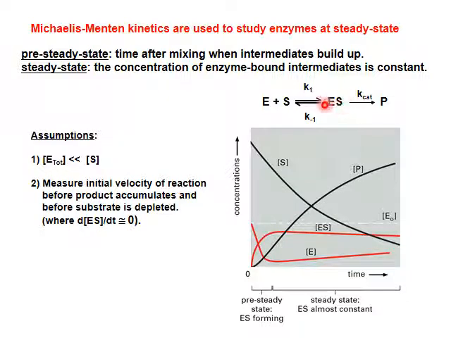But we're going to simplify the conversion of ES to product by just putting one line here, because K minus 2 is going to be considered very small. We're not going to call it K2 here, but you can think of it that way. We're going to call it something special called Kcat, the catalyzed reaction. That's going to be the chemical step to form enzyme and product. I just left the E out of here, but it would still be here, because E is over here now binding to the substrate again.